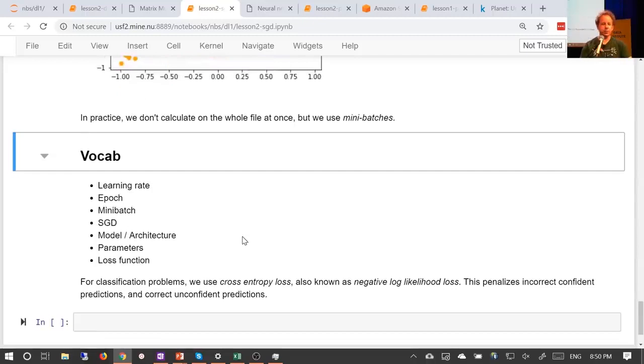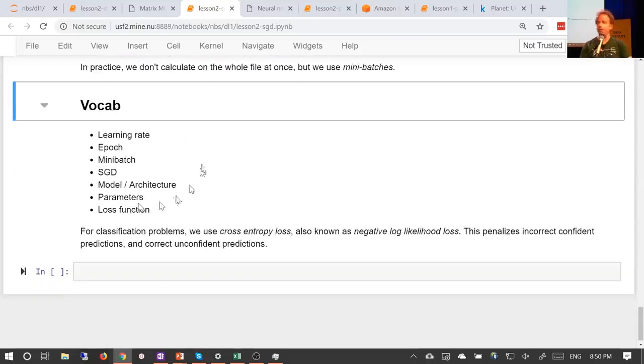Okay. So there's quite a bit of vocab we've just covered, right? So let's just remind ourselves. The learning rate is a thing that we multiply our gradient by to decide how much to update the weights by. An epoch is one complete run through all of our data points, or all of our images.